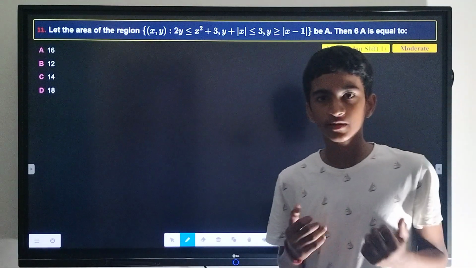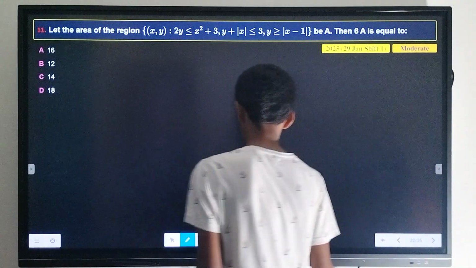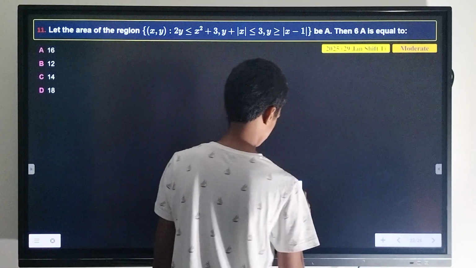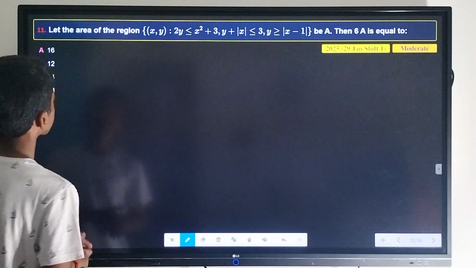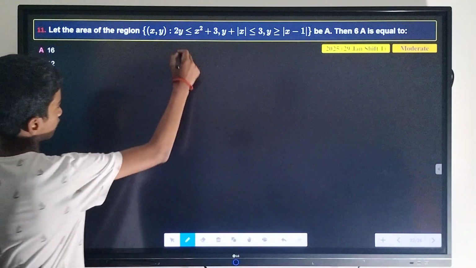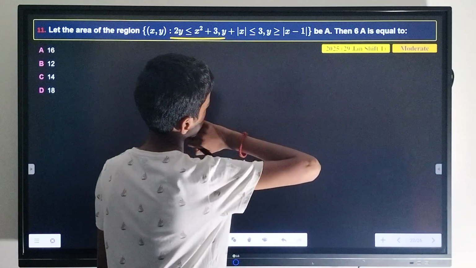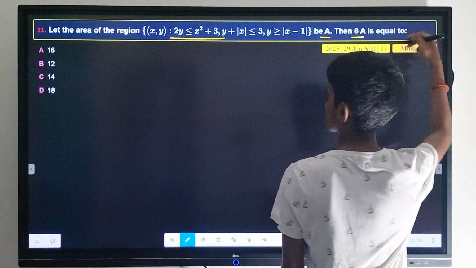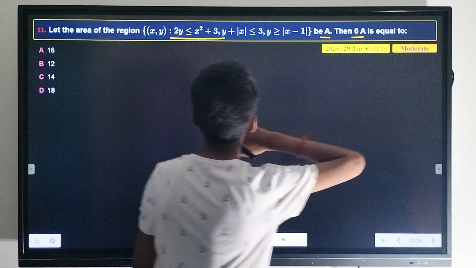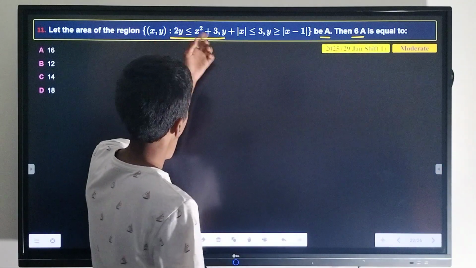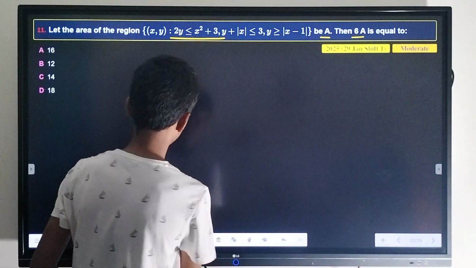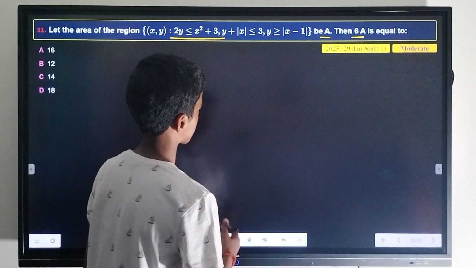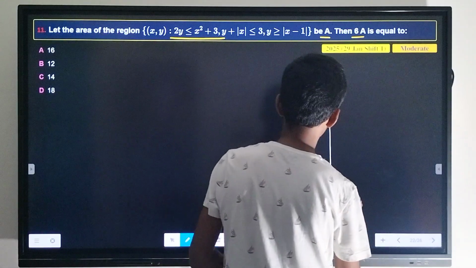Here is our next question now. Our question says, let the area of this region be A, then 6 times A is equal to. So here we need to find the area between these three curves. So first of all, let's plot these three curves.